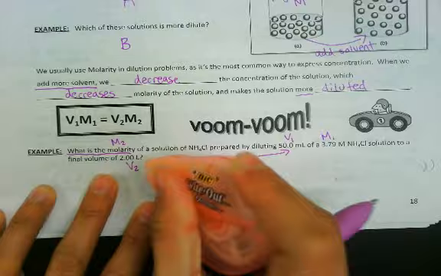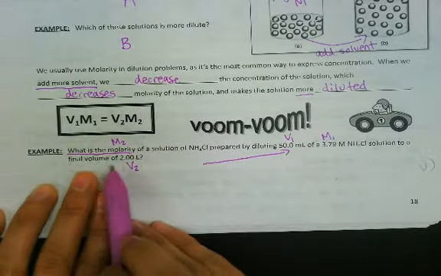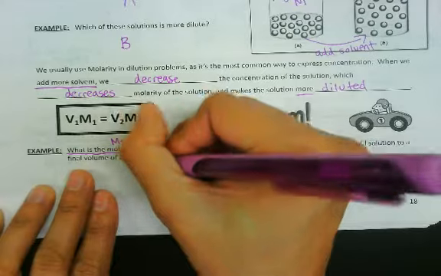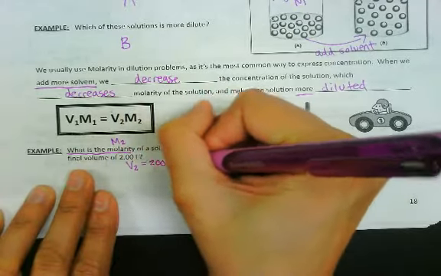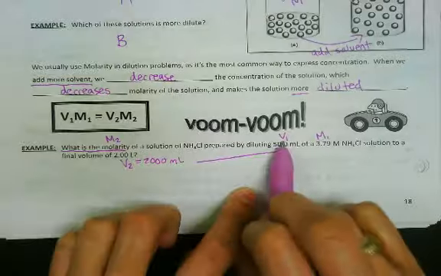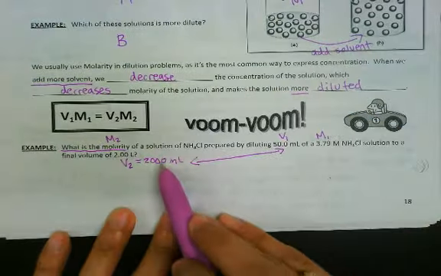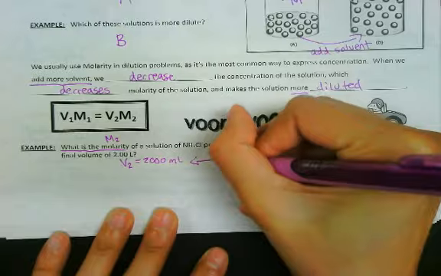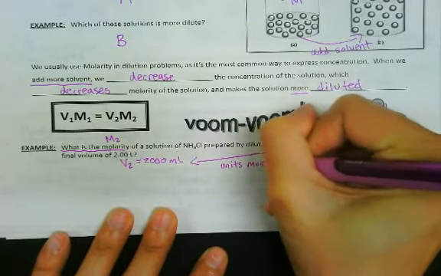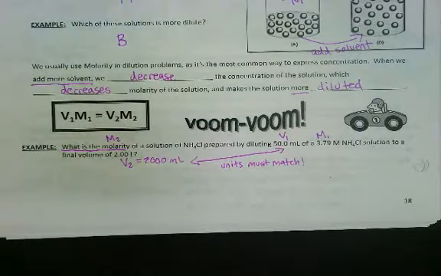It doesn't matter which one you convert to. You could convert this to liters or to milliliters. For this problem's sake, I'm just going to convert this one to milliliters. It would not matter if you converted this to liters instead; you would get the same answer, okay? But we want to make sure that our units match. The units must match in an M1V1 problem.